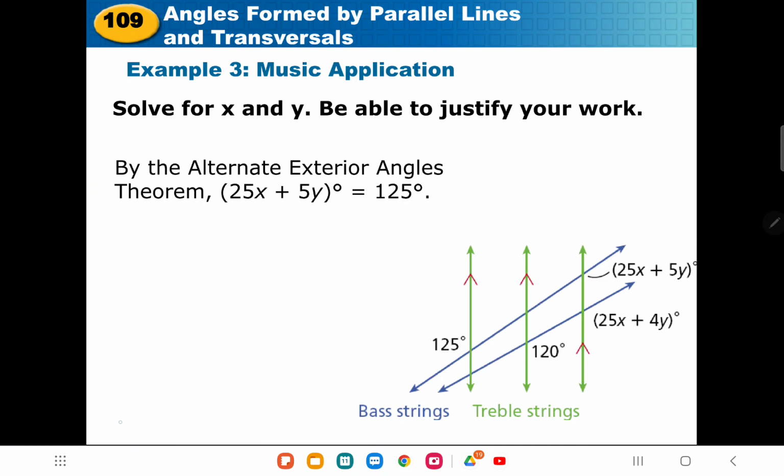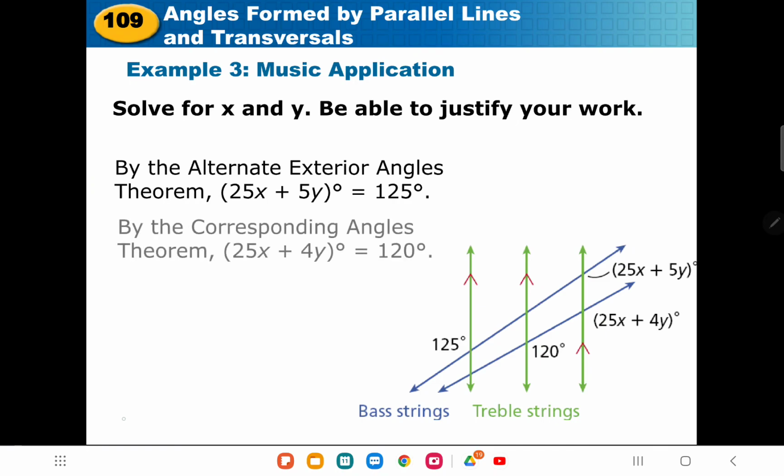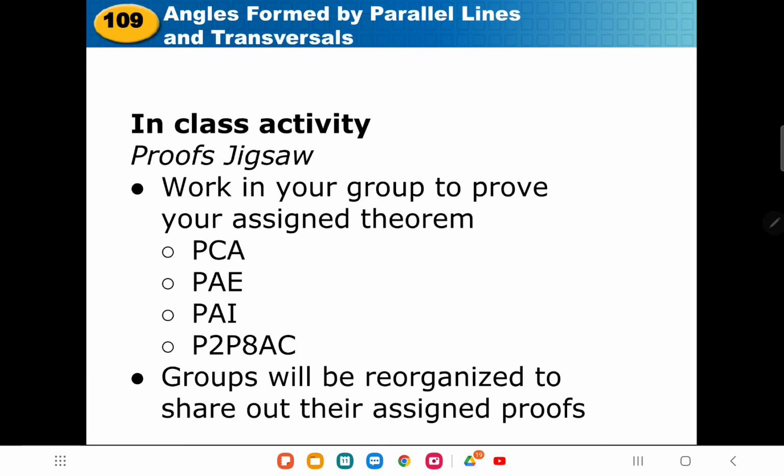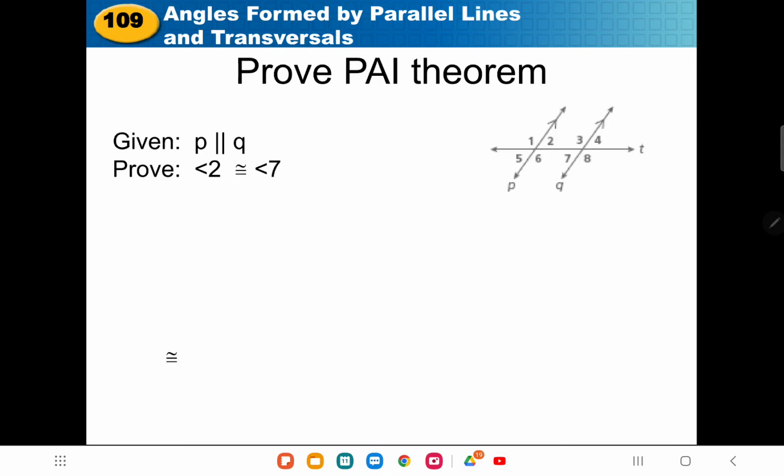So we see that 2x plus 5y is equal to 125, and 2x plus 4y equals 120. Now, fortunately, it's pretty easy to subtract these two equations to solve this system rapidly. We get y is 5, and then by substitution, we can obtain our answer.